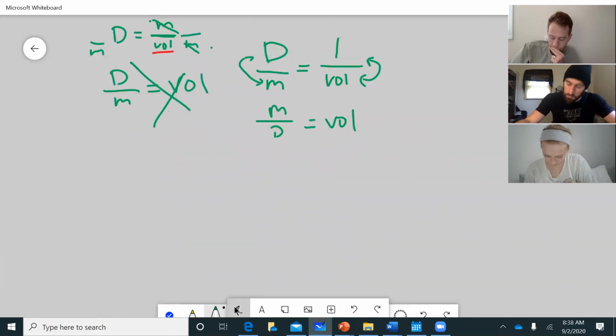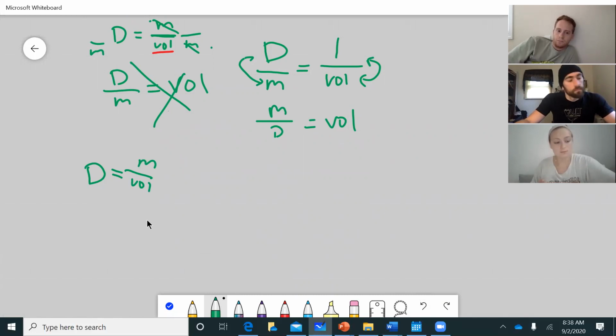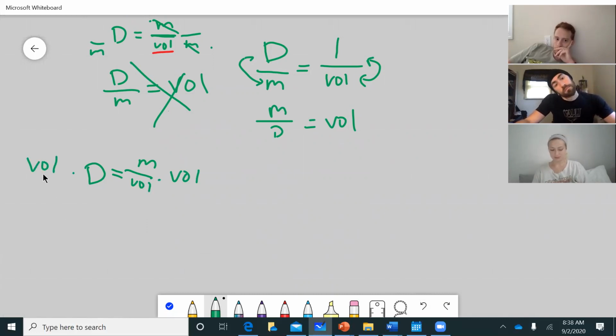Another way you can solve for this, just so that we can get comfortable with isolating variables: density equals mass over volume. I can see here volume's on the bottom, and I know that I'm not going to like that, so I'm going to move volume to the other side. So now I have volume times density equals mass, because these have canceled.